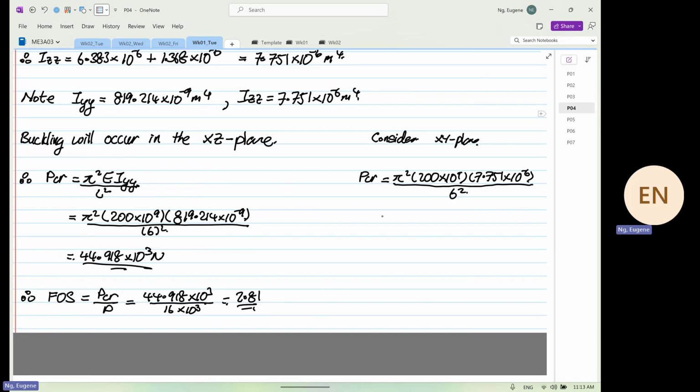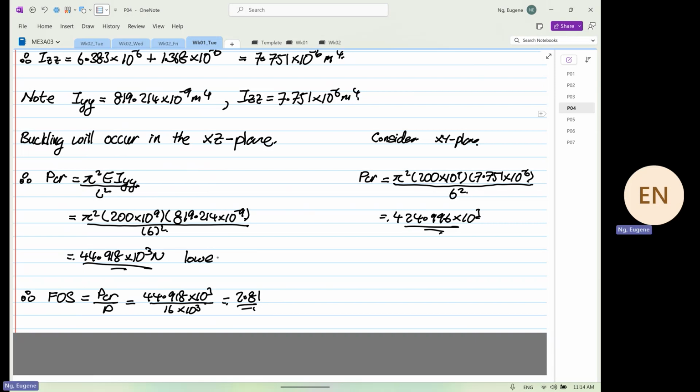If we were to consider the other orientation, just to let you see, the load that buckling will occur will be 424.996 times 10 to the power 3. Okay, so in the other plane, buckling will occur much later. The load is much higher.